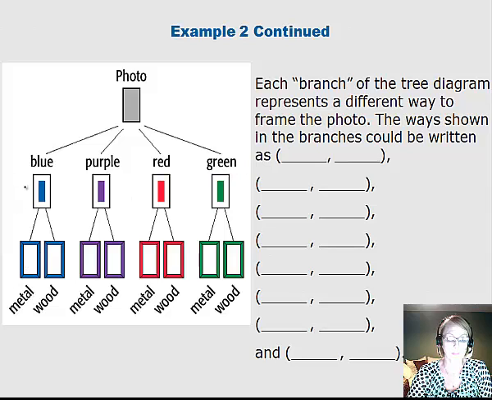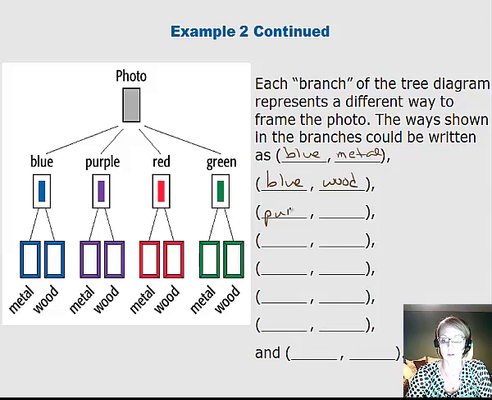The ways shown in the branches could be written as: blue and metal, blue and wood, purple and metal, and purple and wood. We can go red and metal.